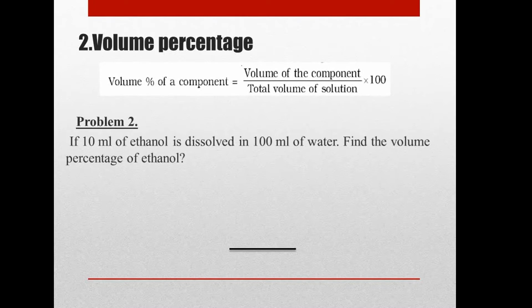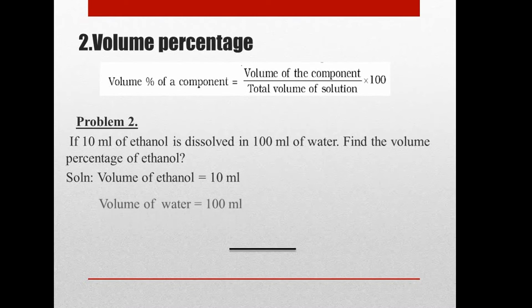Now here is one problem. The problem says that if 10 ml of ethanol is dissolved in 100 ml of water, find the volume percentage of ethanol. So it is given that the volume of ethanol is 10 milliliter and the volume of water is 100 milliliter.